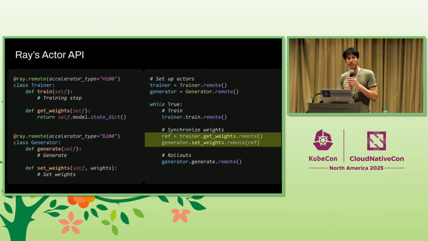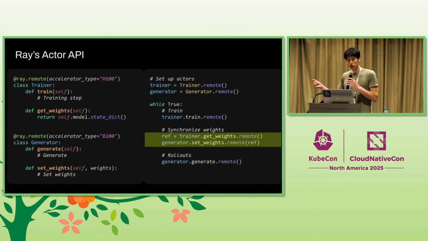So one recent development with Ray that I want to share is that the way this code is written is not ideal, because to do this weight transfer the way it's written, the weights have to first move to CPU memory and then are transferred over the network. And in a typical reinforcement learning algorithm, you'll actually want the weights to go directly from GPU to GPU over RDMA.